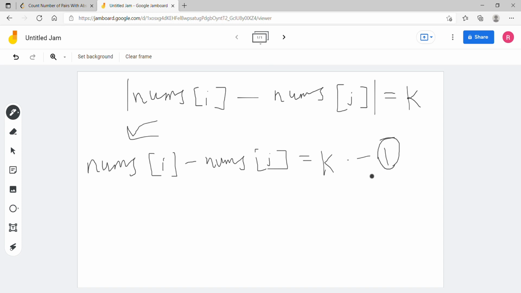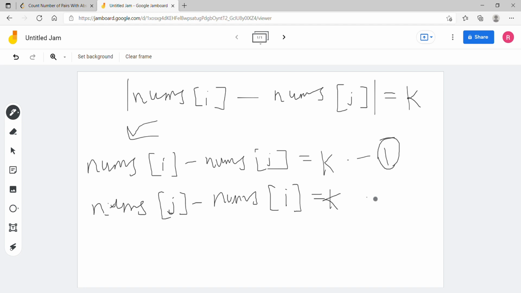And another relation you can think of is the negative of this one, which is nums j minus nums i equal to k.